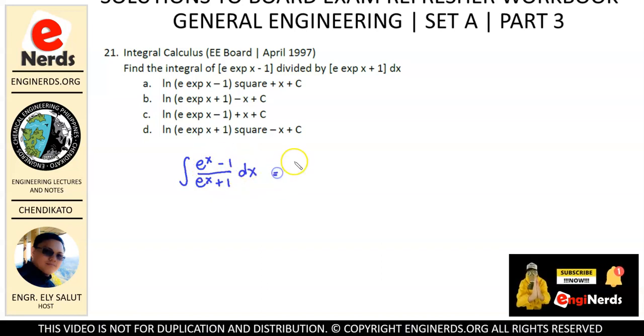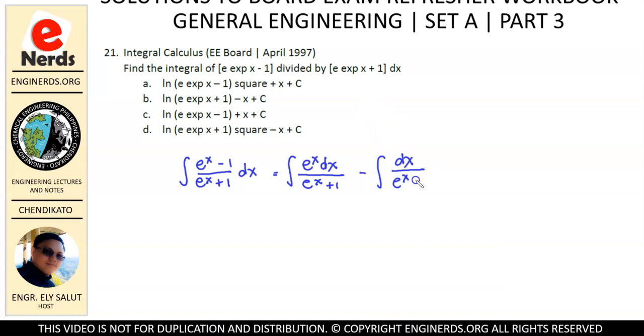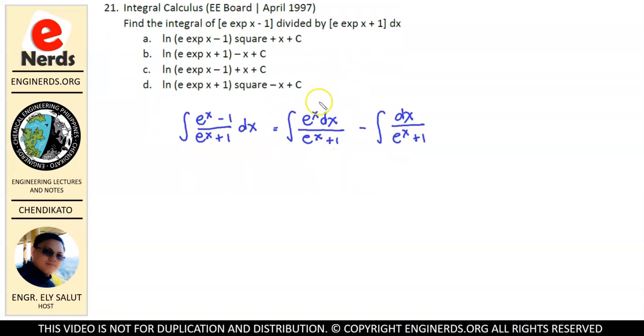So, we will have here the integral of e to the x dx over e to the x plus 1, then minus the integral of dx over e to the x plus 1. Pag tinignan natin ito, makikita natin that we can already solve this one. The integral of e to the x dx over e to the x plus 1, because the derivative of our denominator, e to the x plus 1, is equal to e to the x dx.